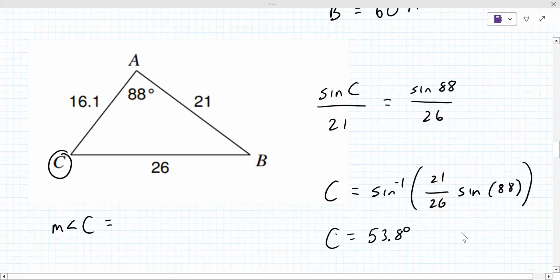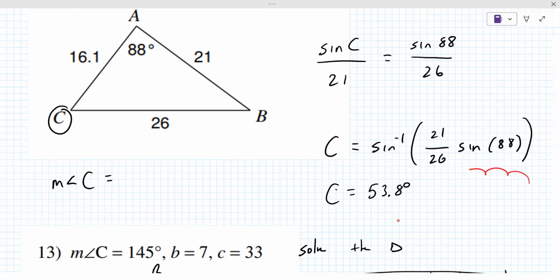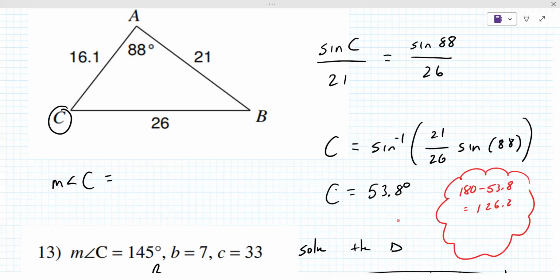Let's go back and look at another. Notice we found C. If we take C, we subtract from 180, 180 minus 53.8, that equals what? 126.2.